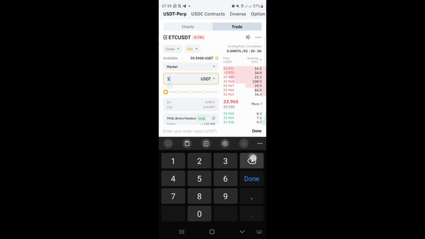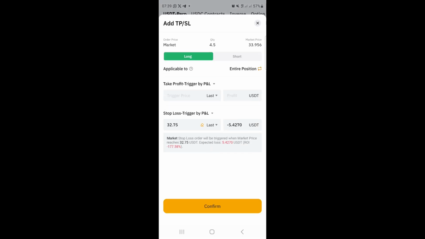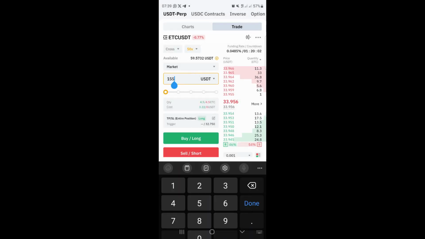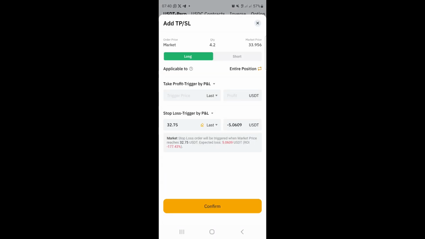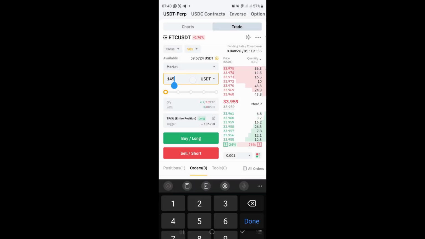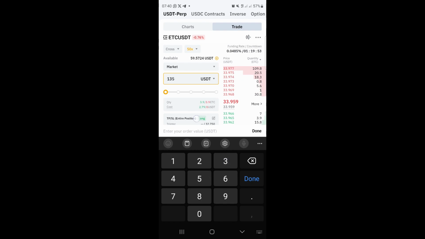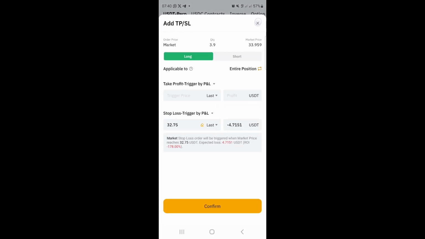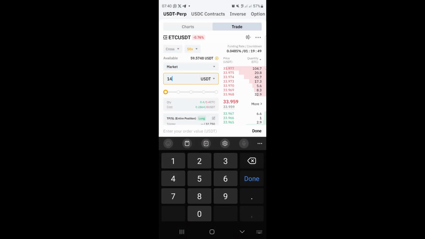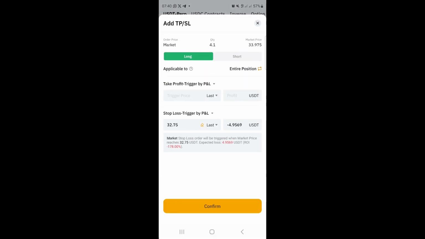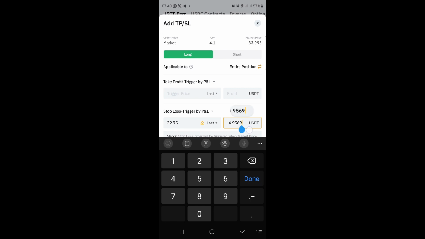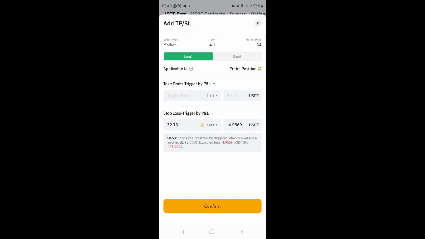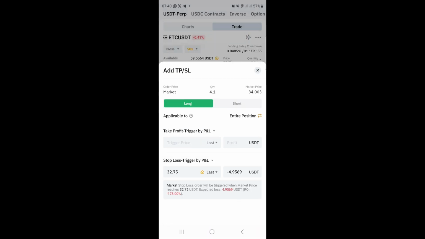So you just be tweaking it like that until you get the value. 145 is 5.06, and we can leave it there, but some people want it to be lower. So let's do 135 and see 4.7, or 140, 4.9. Hey, this is okay. So you just keep doing that until the value has gotten to your affordable risk for SL. And once it has gotten that, that will now be your order value.